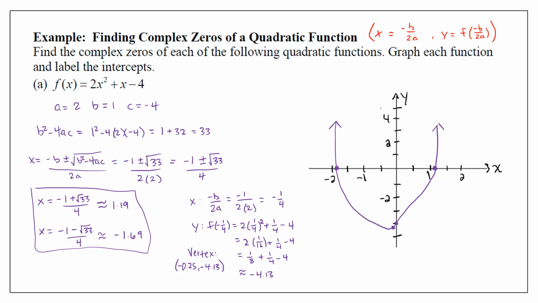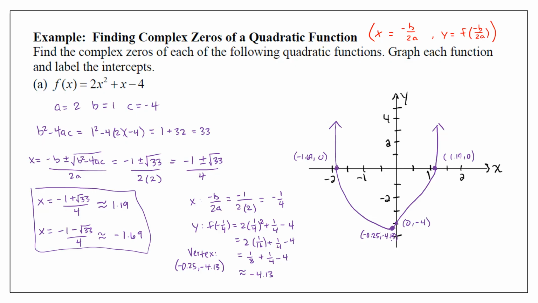All right, okay, so now let's label. So we have 0 and negative 4. We have negative 1.69, 0, and 1.19, 0. And our vertex, which is right here, negative 0.25 and negative 4.13.